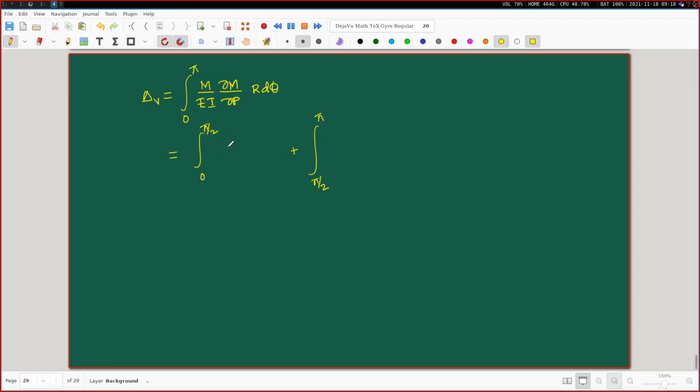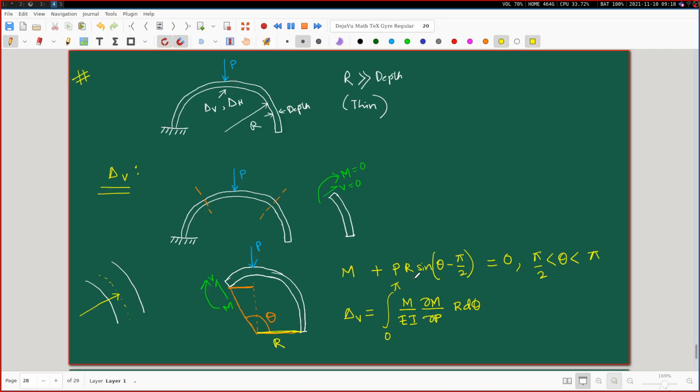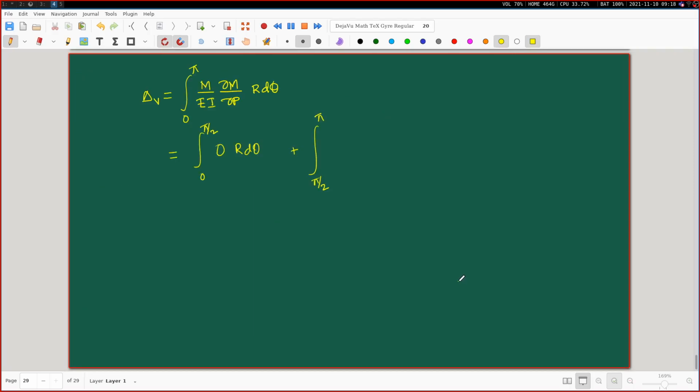Because you see, when you are doing this, the 0 to pi by 2 is just contributing a 0, because m is 0. So with respect to r d theta, this is a 0. And this one, now you just go back to the previous thing and substitute from here. This is minus PR sine theta minus pi by 2.